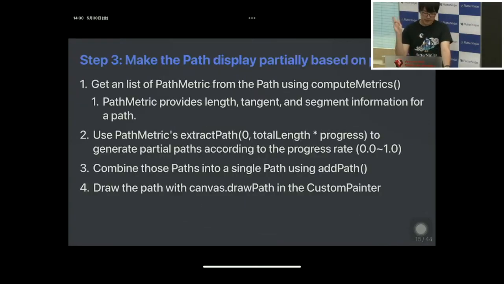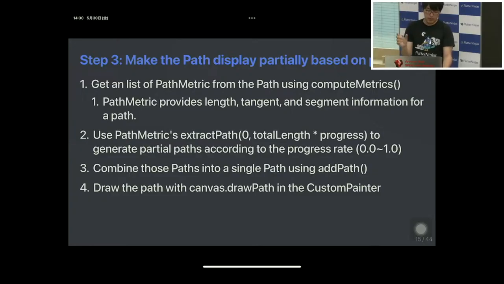Step 3, to show only part of the path. First, get the path metrics list from the path using the computeMetrics function. The path metrics class provides information about the subpath, for example, path length and path coordinates. Second, use the path metrics extractPath function to generate the partial path according to the progress from 0 to 1.